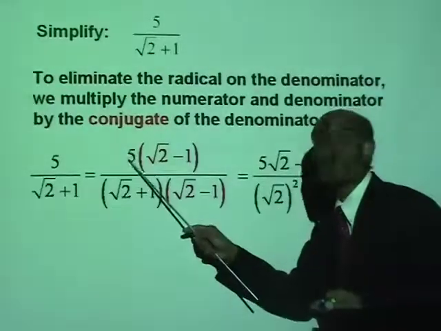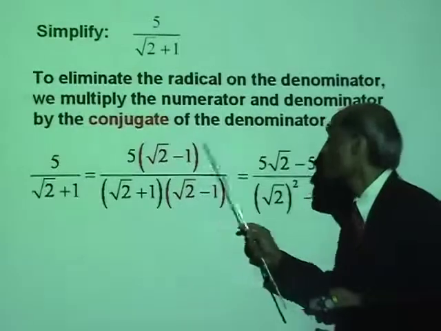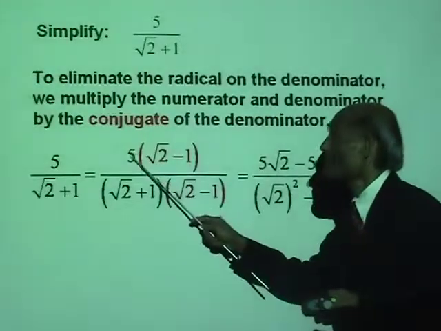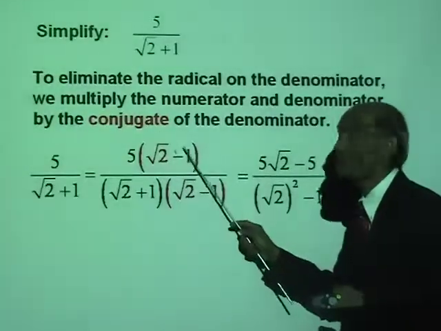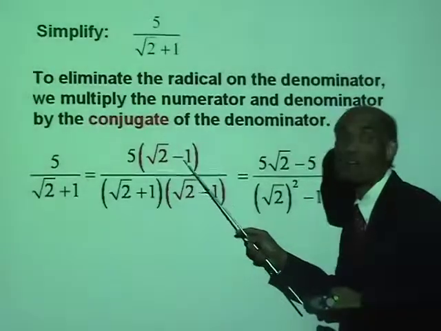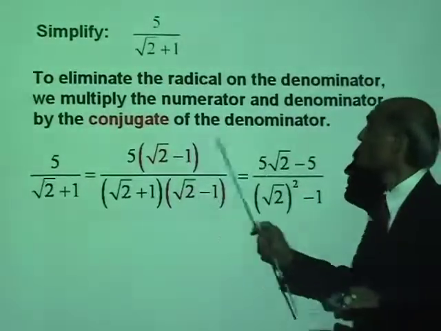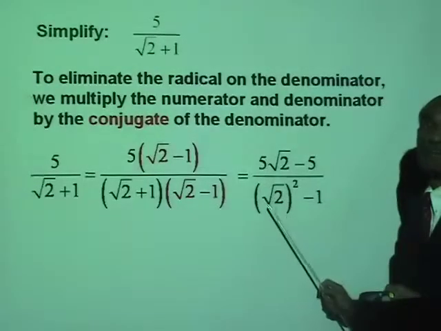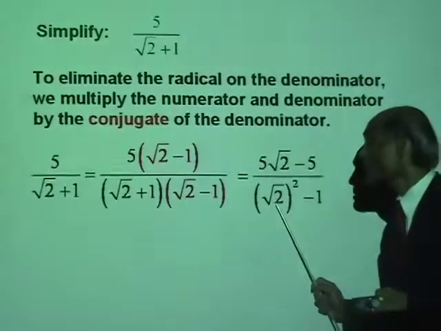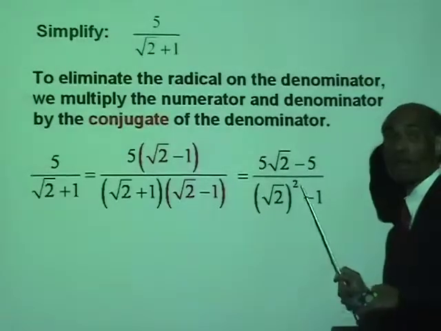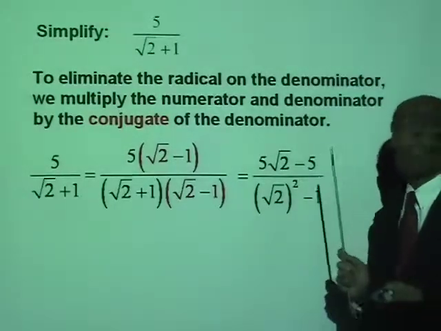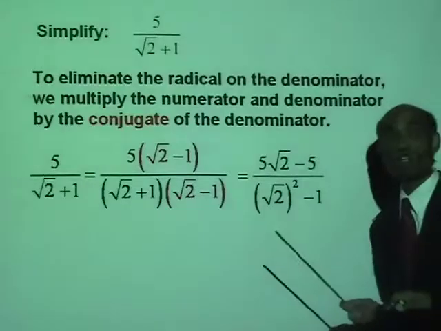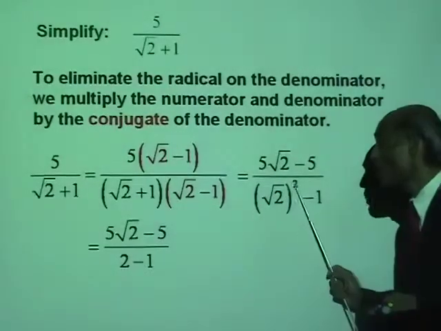And the numerator I can multiply. 5 times √2 minus 5 times 1, minus because of this minus. So the numerator is 5√2 - 5. The denominator is (√2)² - 1. And what is that equal to? What is (√2)²?